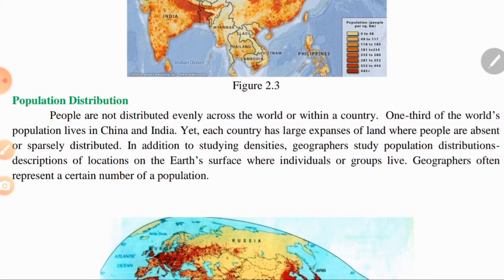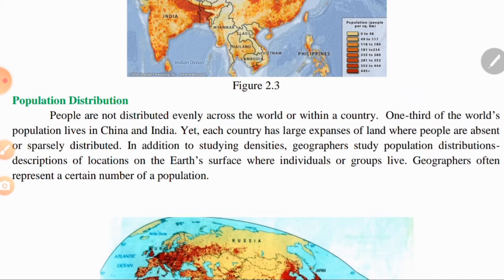Then, for the population distribution, people are not distributed evenly across the world or within a country. One third of the world's population lives in China and India. Yet each country has large expanses of land where people are absent or sparsely distributed.